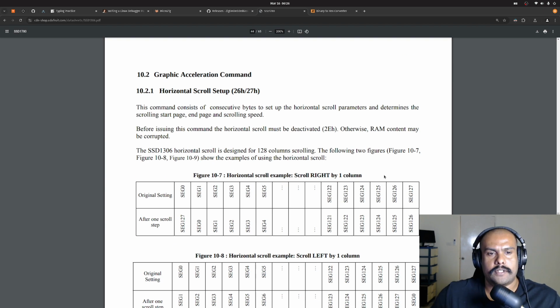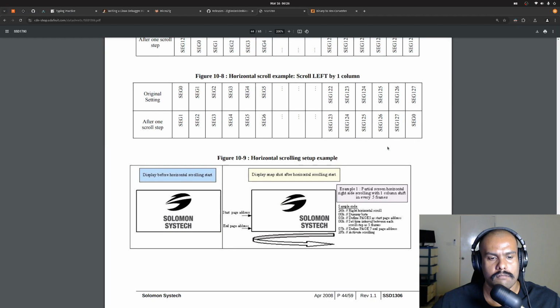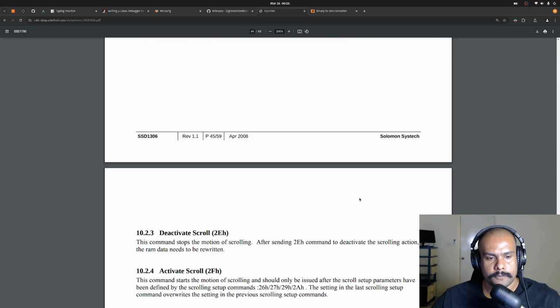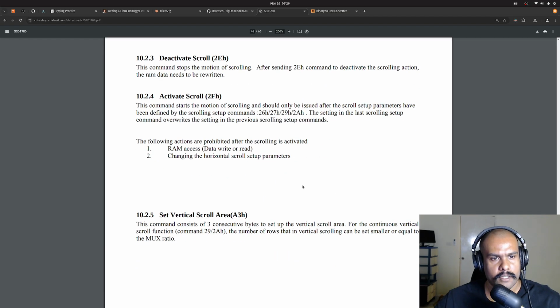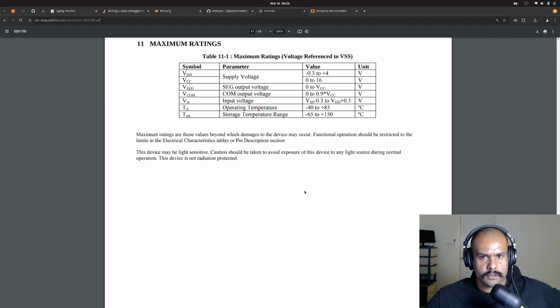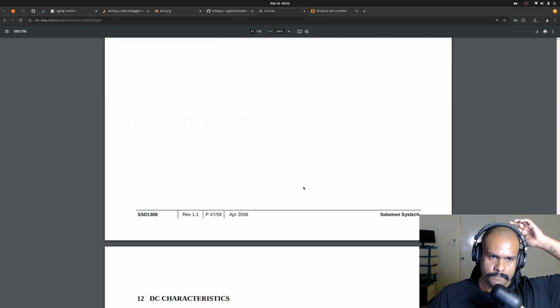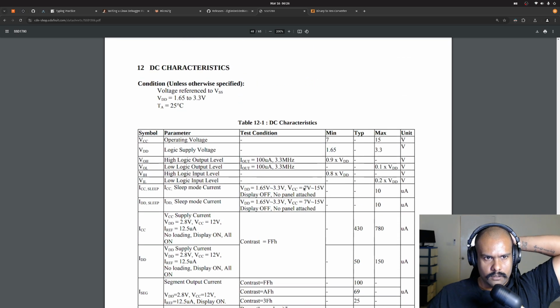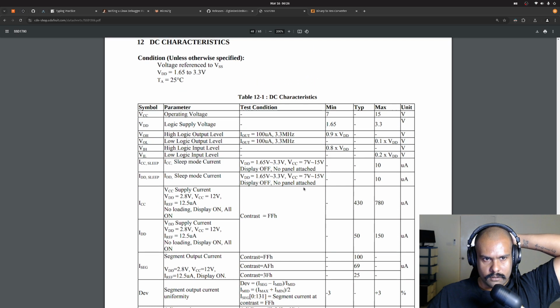Graphic acceleration command. Horizontal scroll setup, 26H and 27H. Ah, I mean, scroll is not the priority right now. Deactivate scroll, activate scroll. Maximum ratings. DC characteristics.